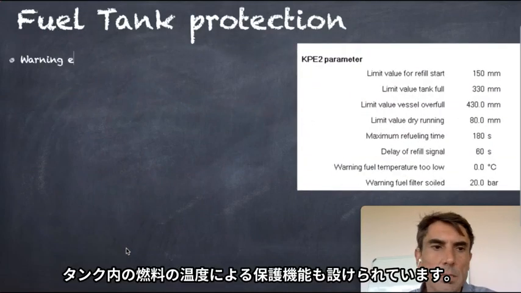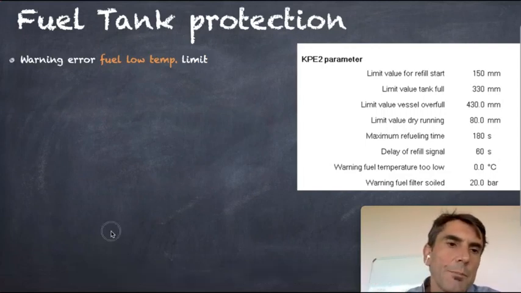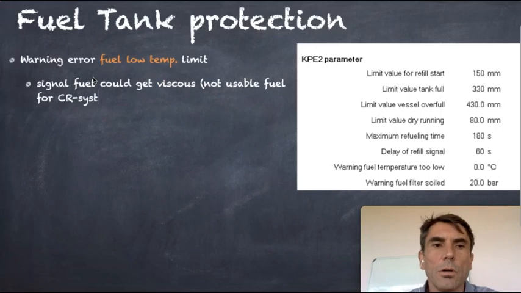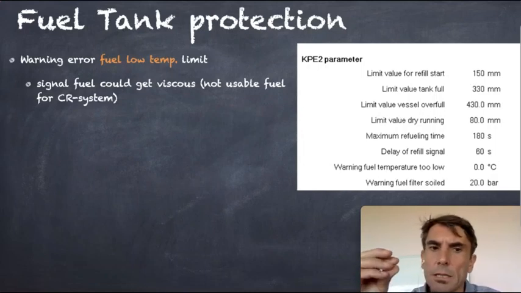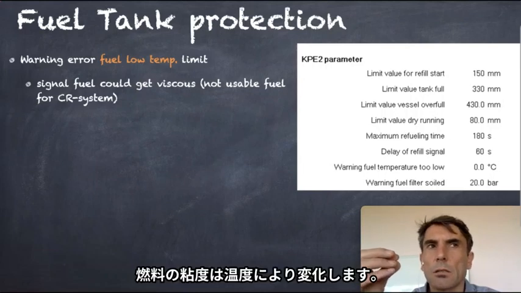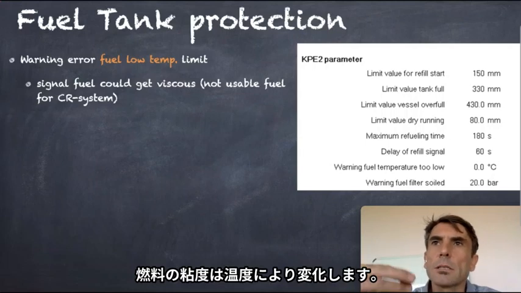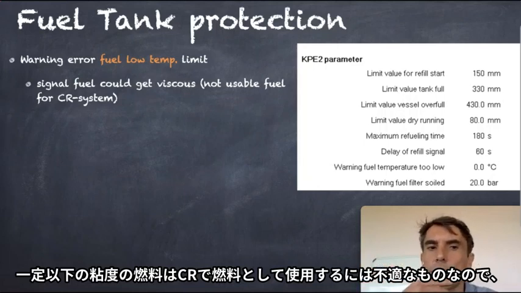Some further protections. We have some warnings and, deep in the software, some stops as well. We have a warning error of fuel temperature. If the fuel temperature in some special cases gets close to 0 degrees or below, the light oil starts to change the viscosity of the liquid, and the common rail system cannot work with a viscous liquid as a fuel.